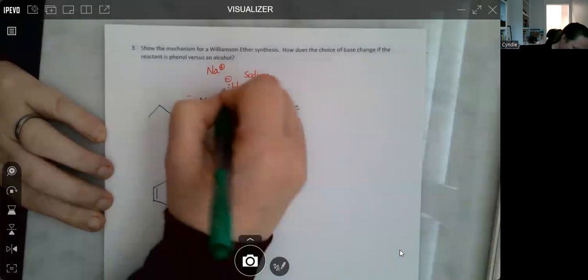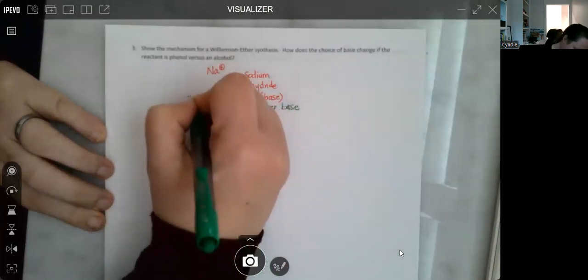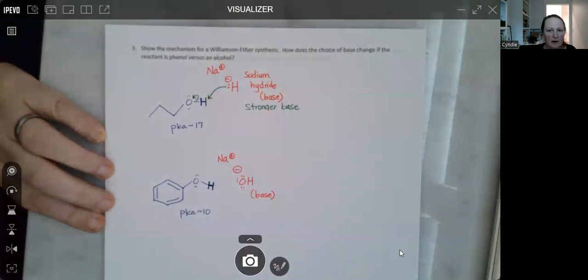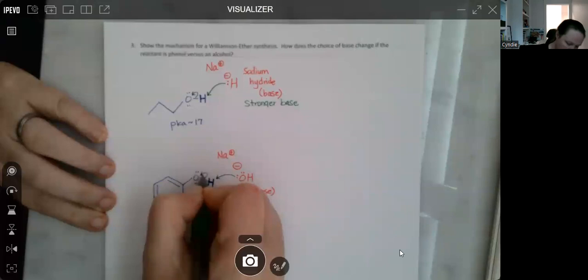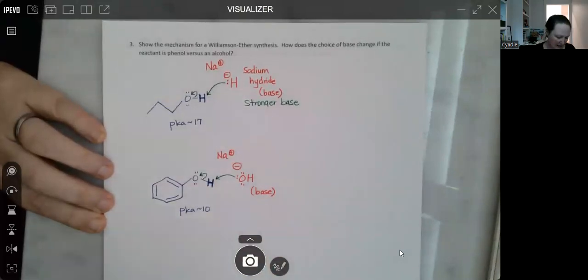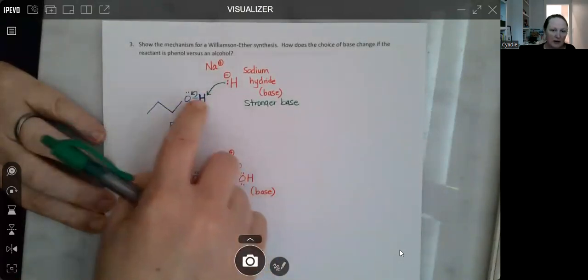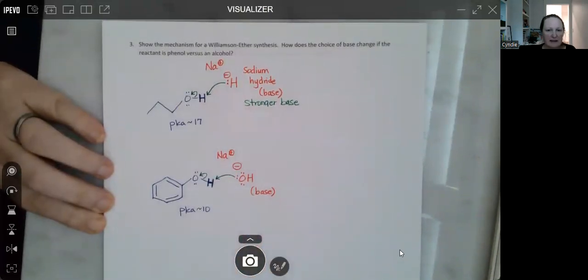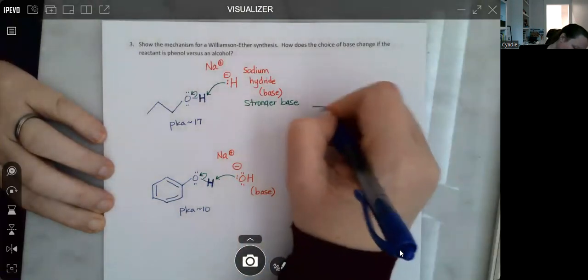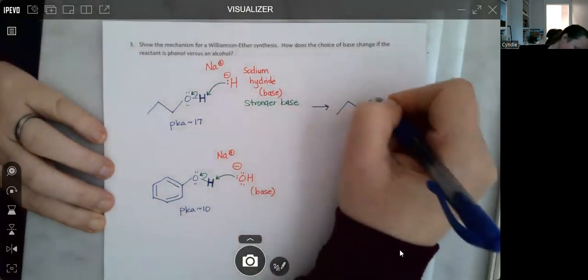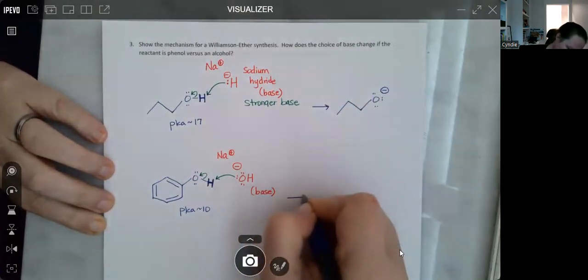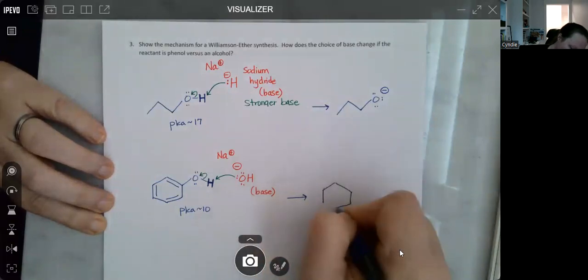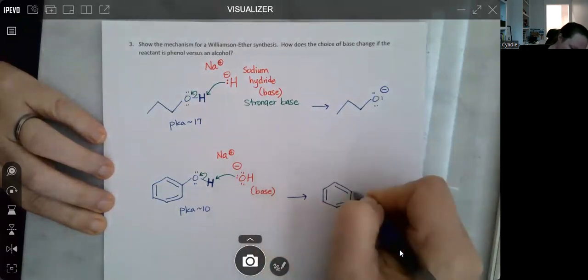Okay, so we're going to do proton transfer to show the Williamson ether mechanism. So regardless of what base, we still show proton transfer. Remember the base, draw the arrow to the proton, leave the electrons behind on the acid to form the conjugate base. So this is going to form the alkoxide intermediate, and then the phenoxide intermediate in this case.